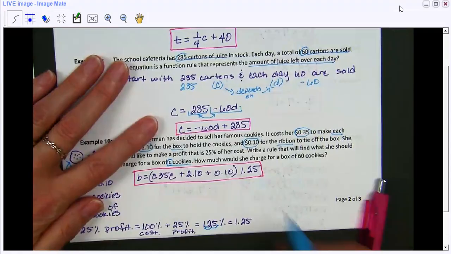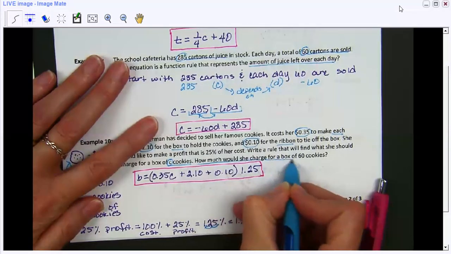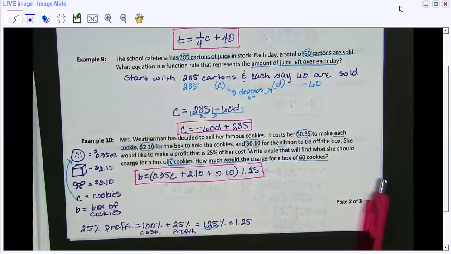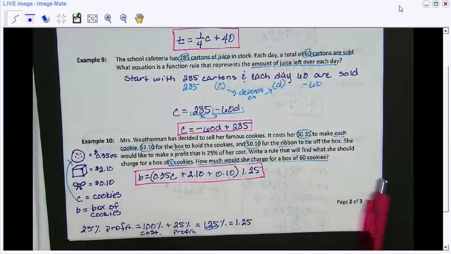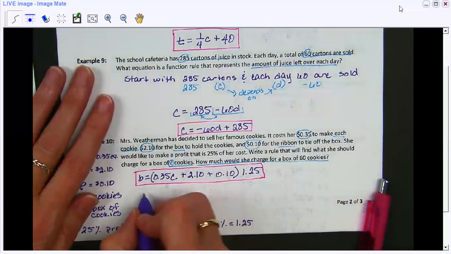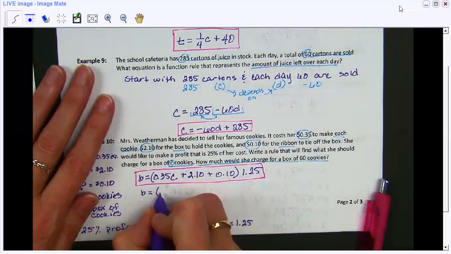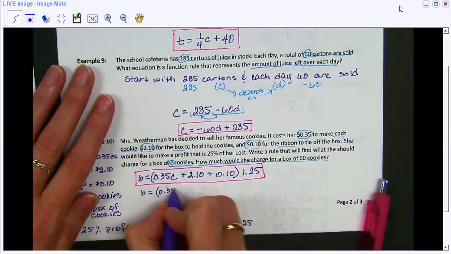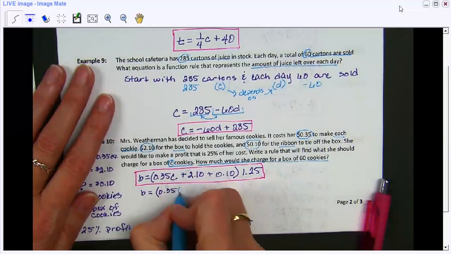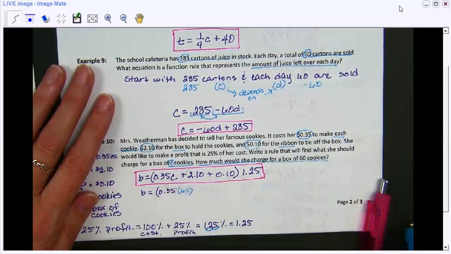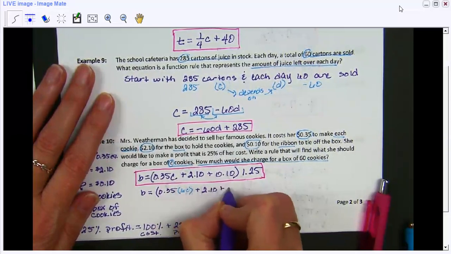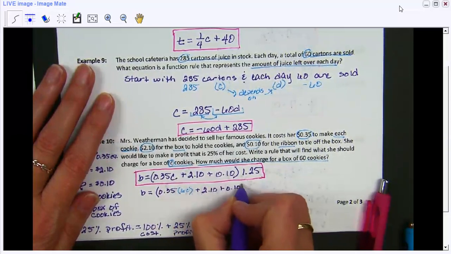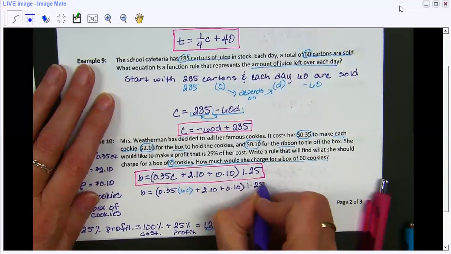But now it asks, how much would she charge for a box of 60 cookies? Okay. So we are going to plug the 60 into the C and we are going to solve for this. So let's go ahead and do this. We have B equals 0.35 times 60 plus 2.10 plus 10 cents, times 1.25.